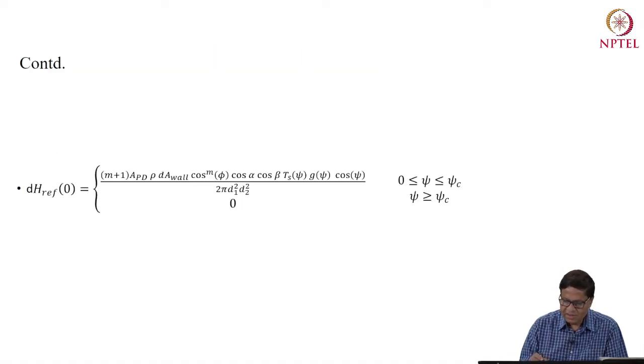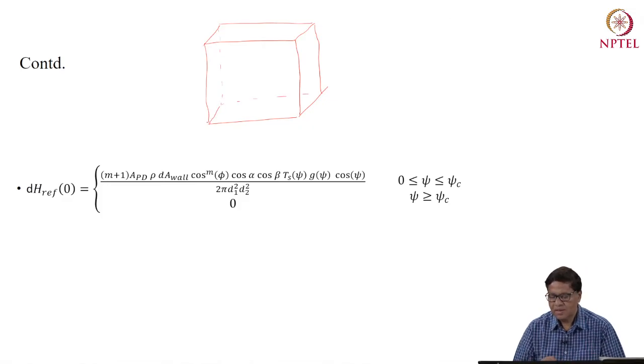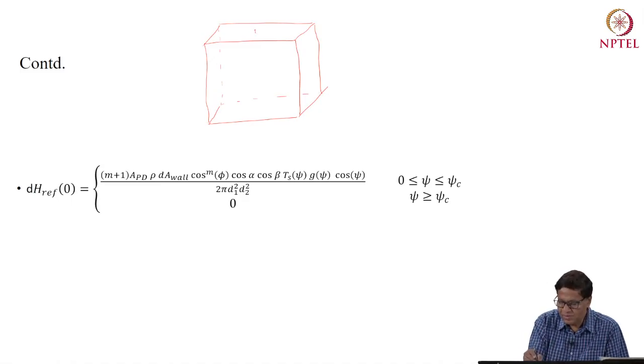In order to understand this, let us draw a diagram where we will consider one non-line of sight component and then try to understand this expression. So let me draw again a room where I'll show both line of sight as well as non-line of sight. Say this is a room, and then you have a source here.